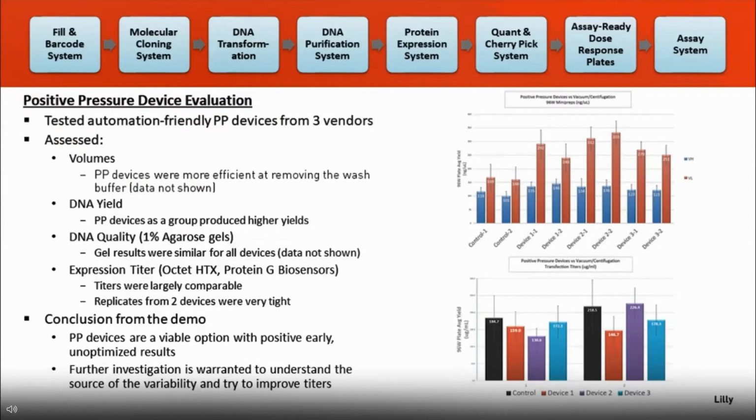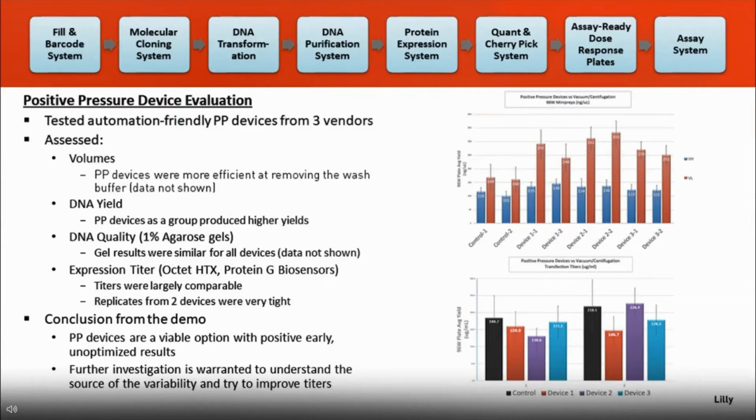What we did as well, I mentioned in the first system we have an automated balance on there, and you'll see that throughout the systems I'm going to talk about. We weighed the filter plates before and after each of the liquid handling steps.